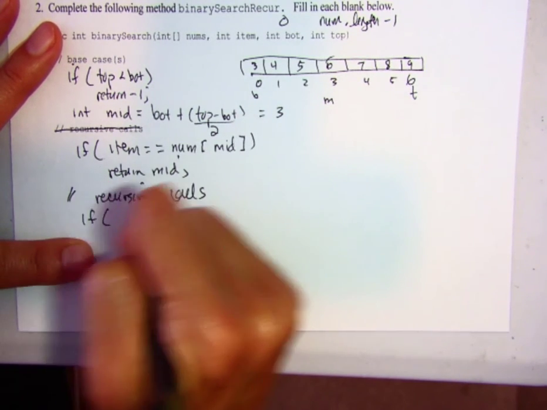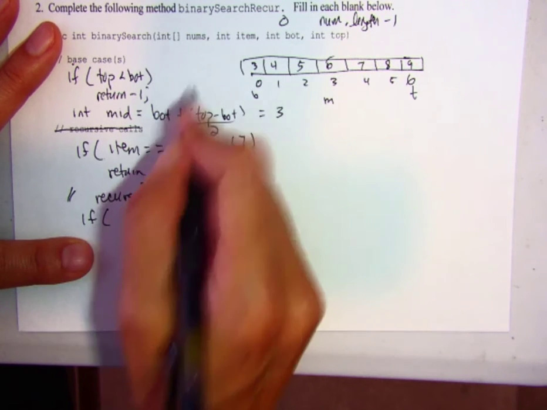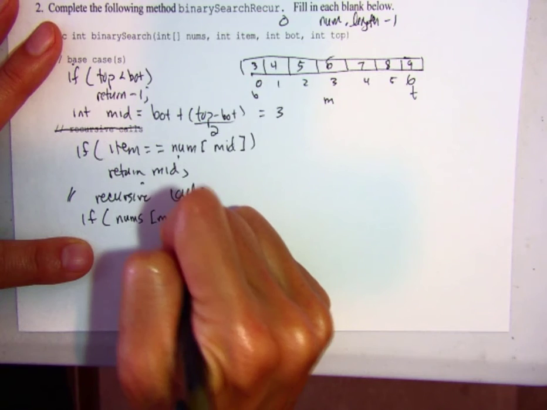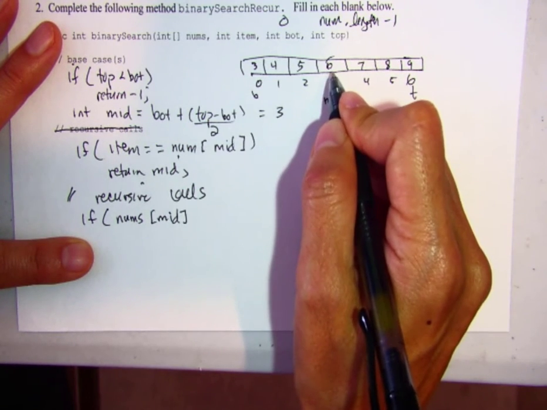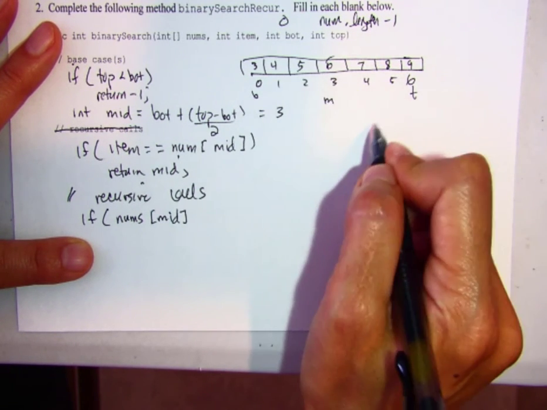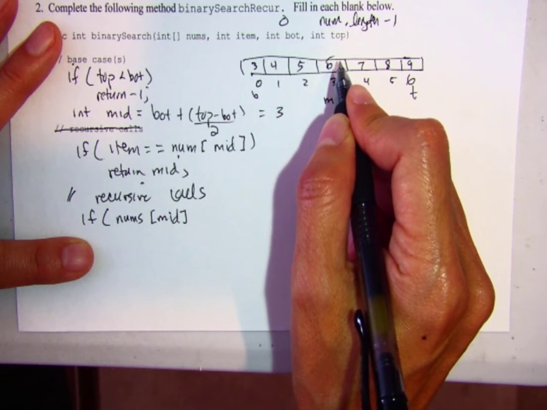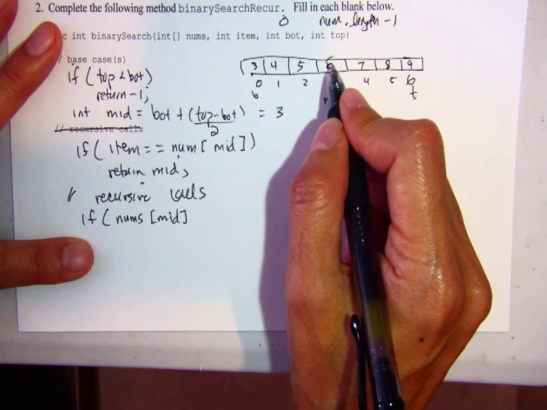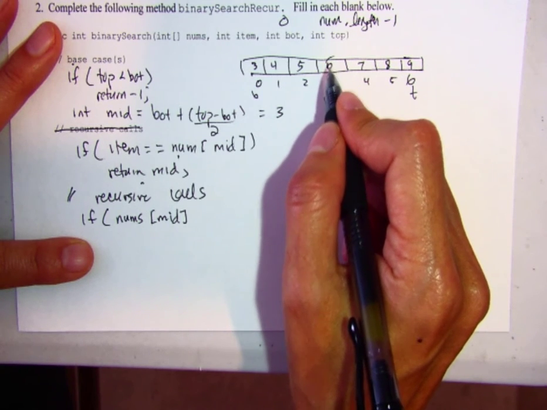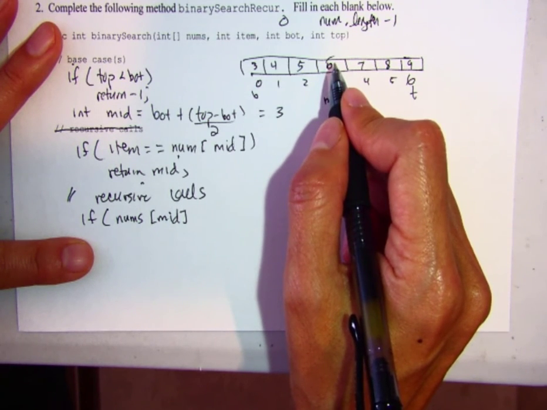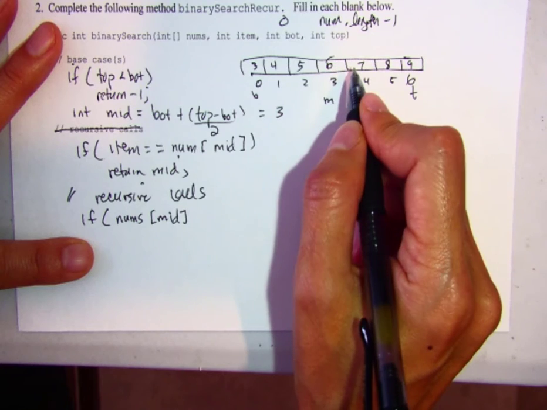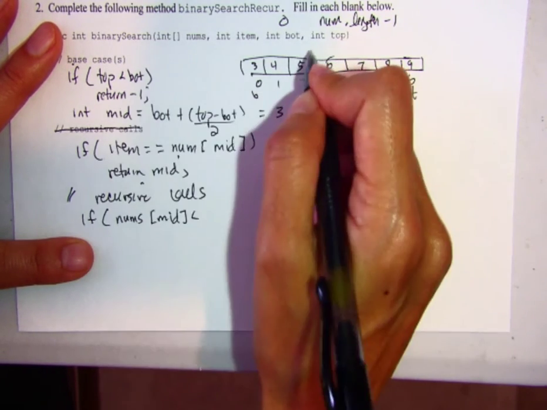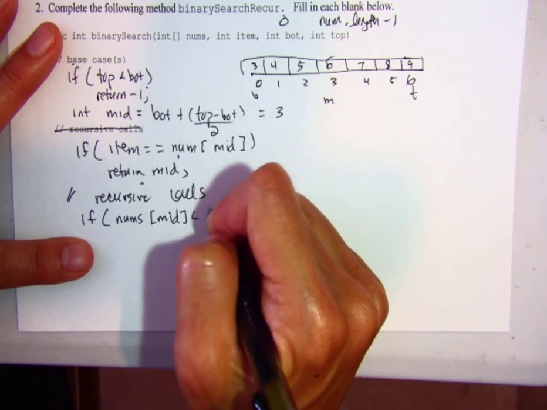If nums at mid is less than the target, which we call item, say instead of 6 we're looking for 7, and this number 6 is less than the target number.